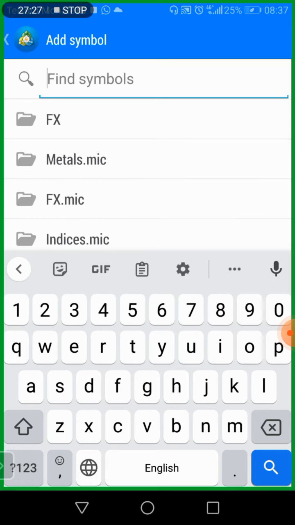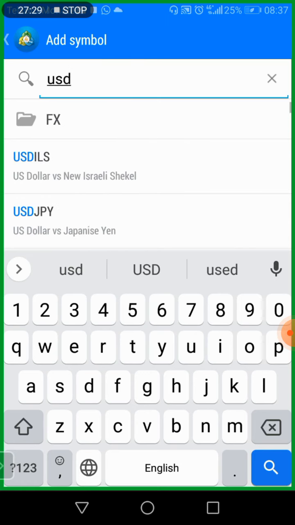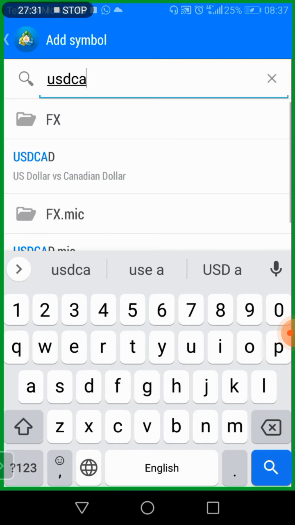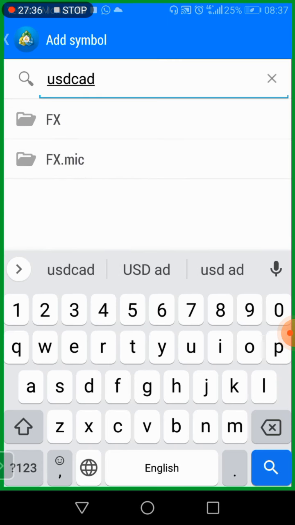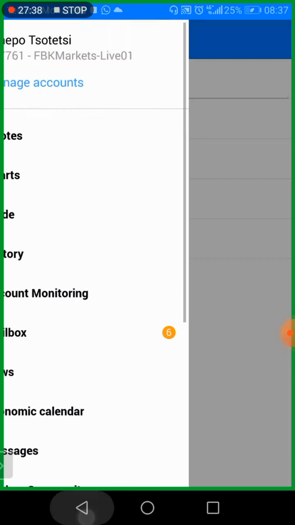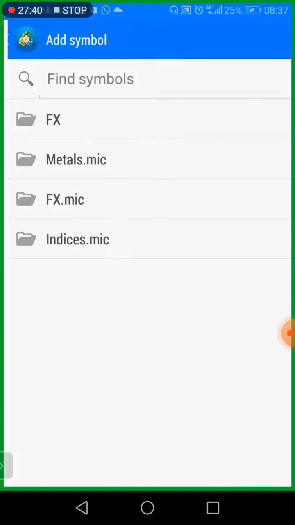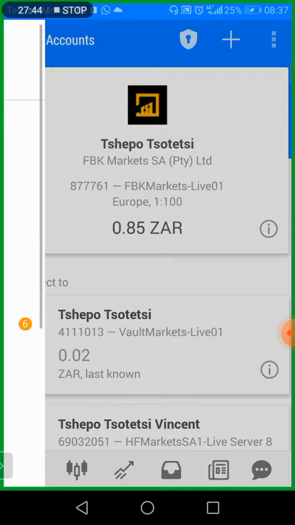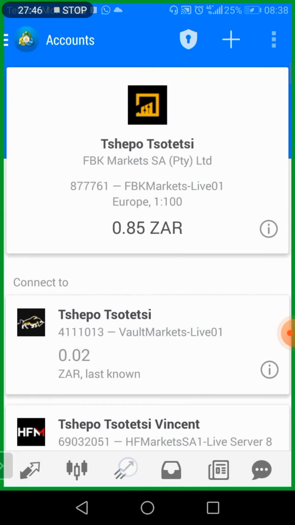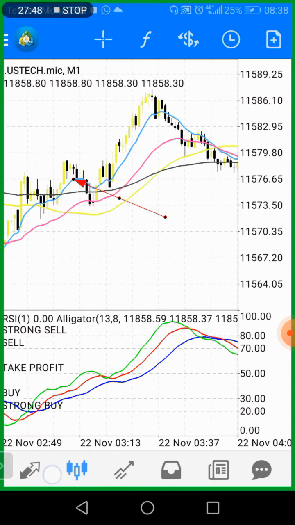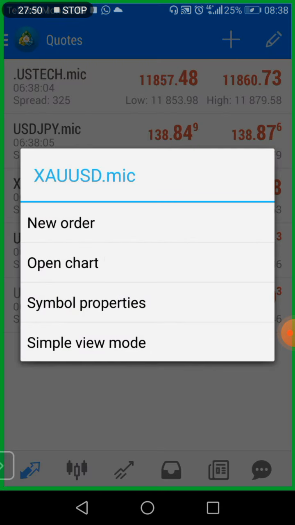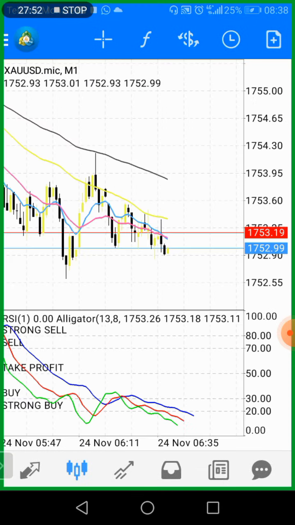Don't know why it doesn't want to show my codes. Doesn't want to go back, guys. Let's do this. Let me log out and log in again. Yeah. Let's look at gold as Linda requested.